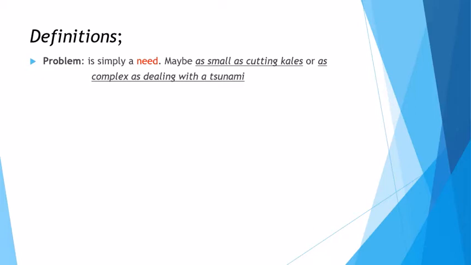A need is something that is disturbing a society, and for which the society is looking for a solution. It can be as small as cutting cables, or as complex as dealing with a tsunami, hurricanes or earthquakes. They are all problems that human beings face in their day-to-day lives.